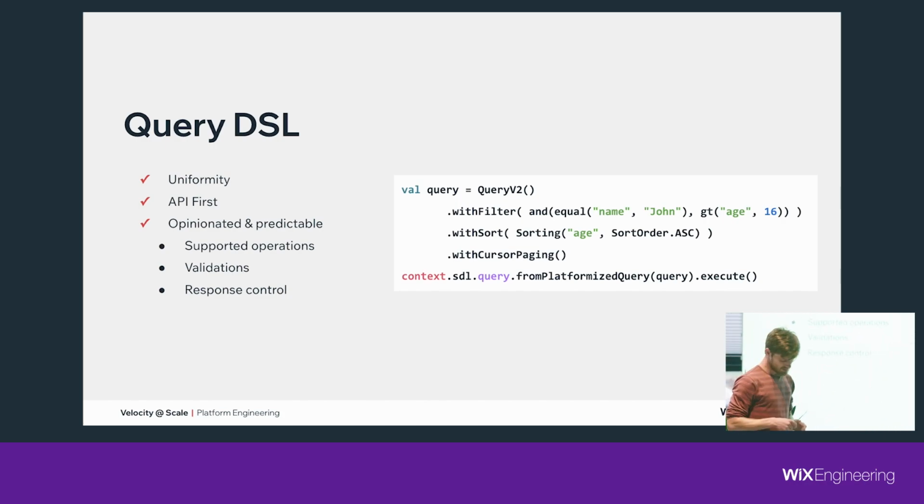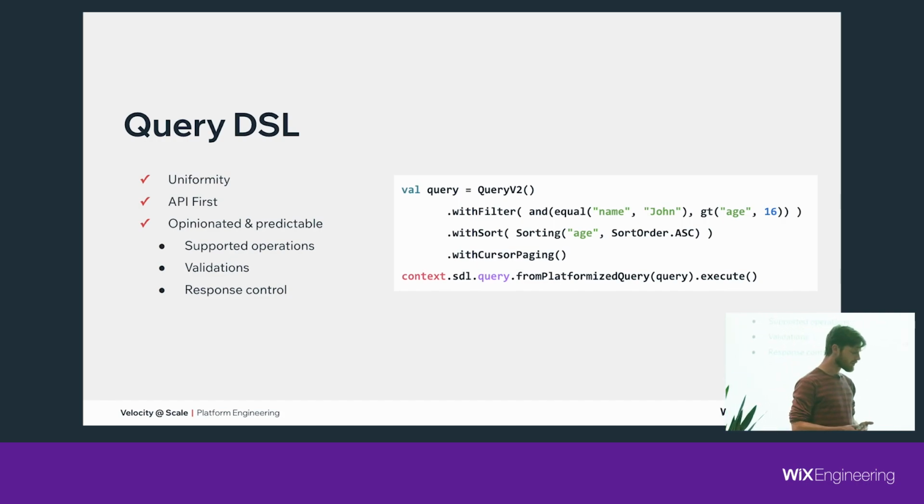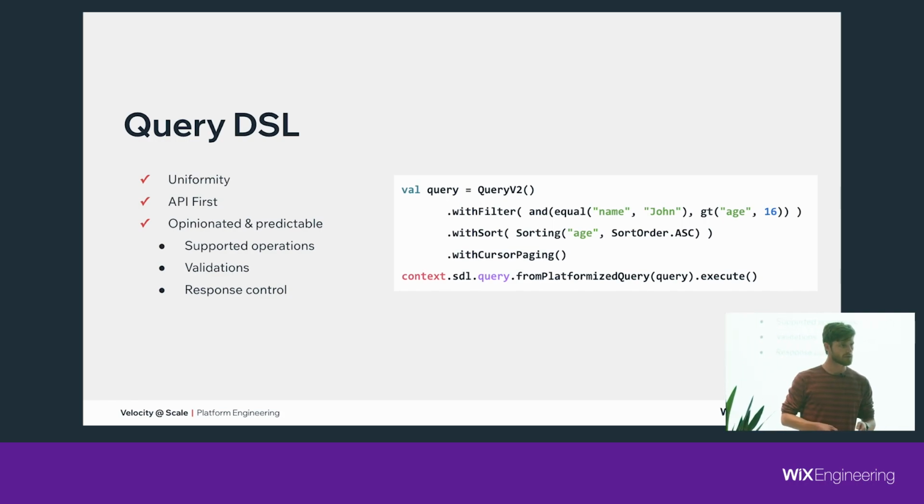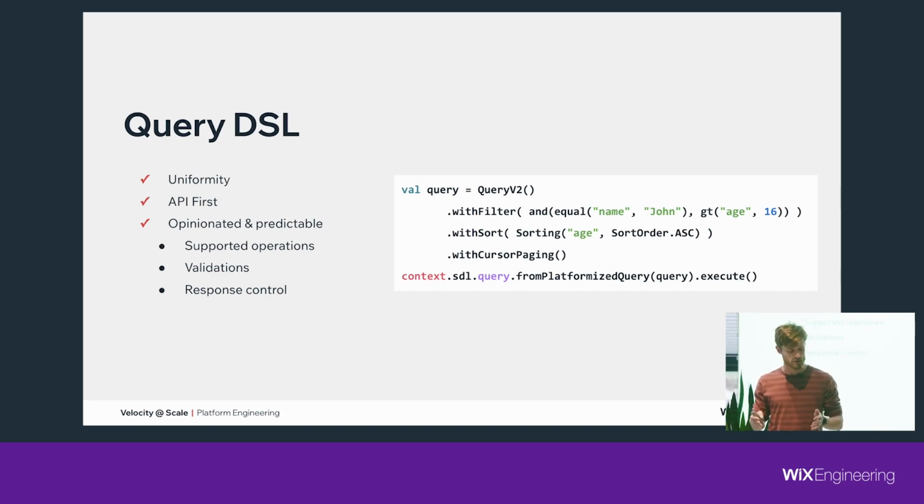And this leads me to another point. As some of you probably heard, at Wix we strongly believe in an API-first approach and platformization and standardization of our APIs. It starts with naming guidelines and ends with reusing the same patterns and solutions across different services and APIs.